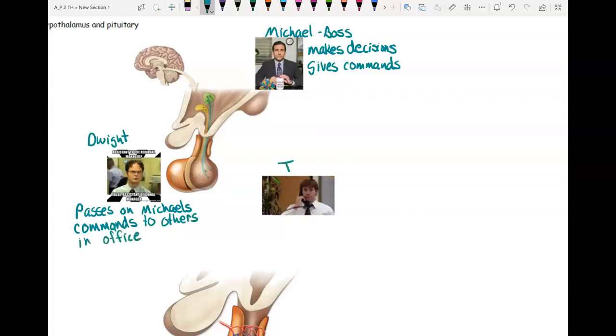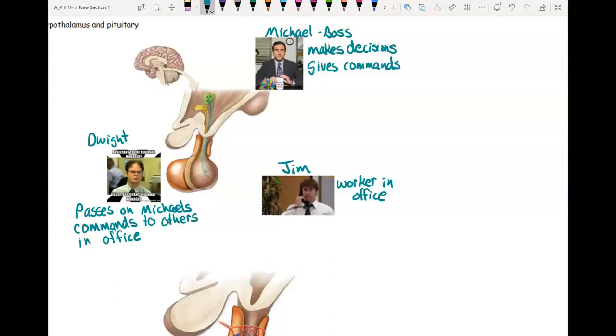And then you have Jim. Jim is one of the workers in the office. And he is often the target of Dwight's enthusiastic enforcing of Michael's commands.